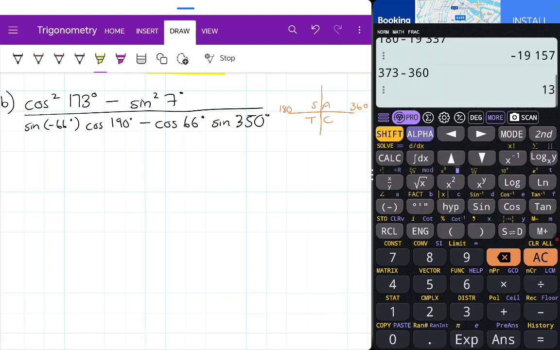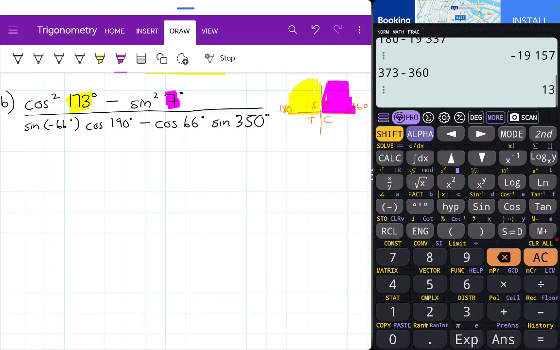Okay, so 173 is going to be where? 173 is less than 180, so that's in the second quadrant. 7 degrees is definitely in our first quadrant.